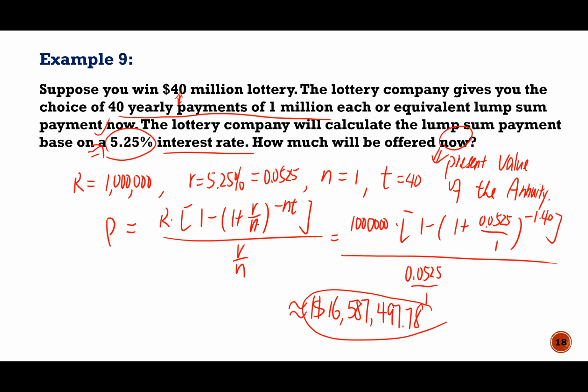That means over a 40-year period, your money will grow a lot quicker compared to this particular lottery company calculation. Meaning maybe in 40 years, if you have a good company running the fund for you, you may end up with more than $40 million, right? That's very possible because 5.25% is not a high return.